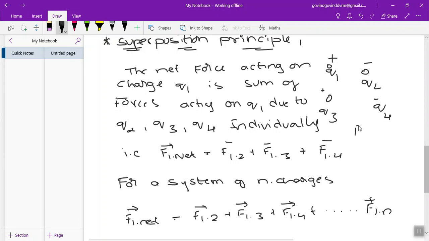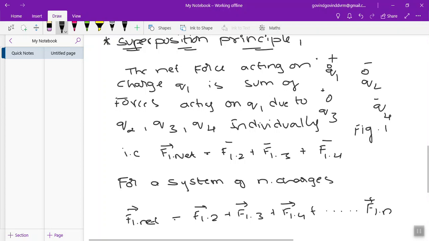Let's name this figure A1. You can see there are a total of 4 charges here, and what I want to find is the force acting on this charge q1. The superposition principle comes in handy in calculating the force acting on charge q1.